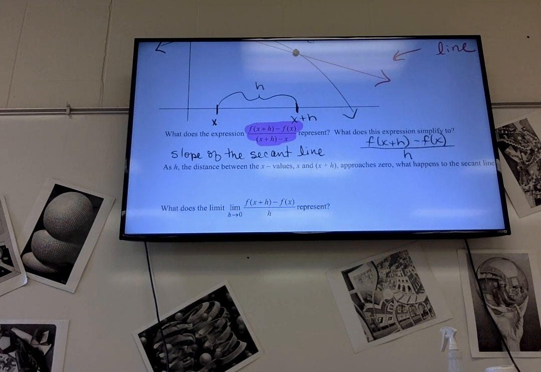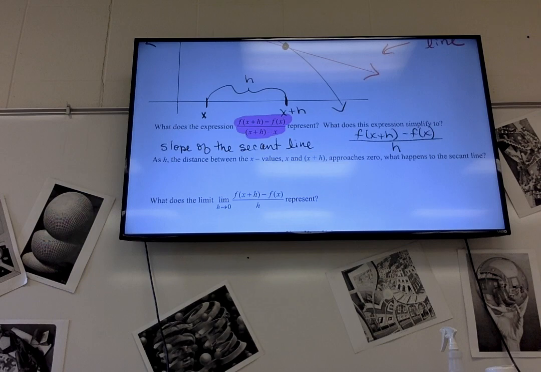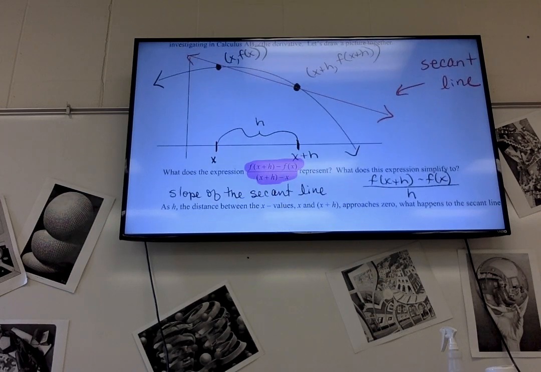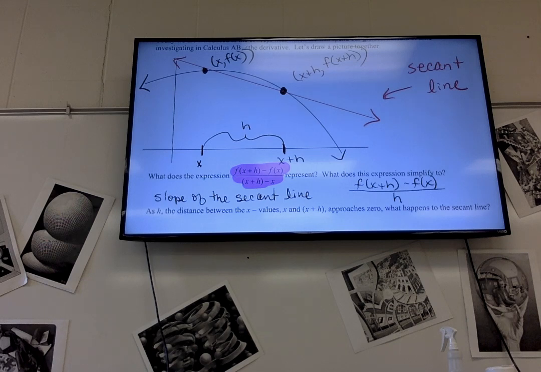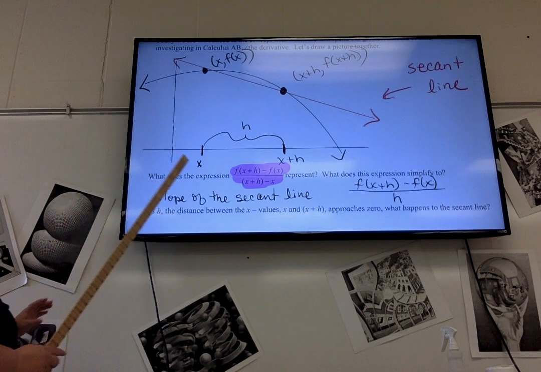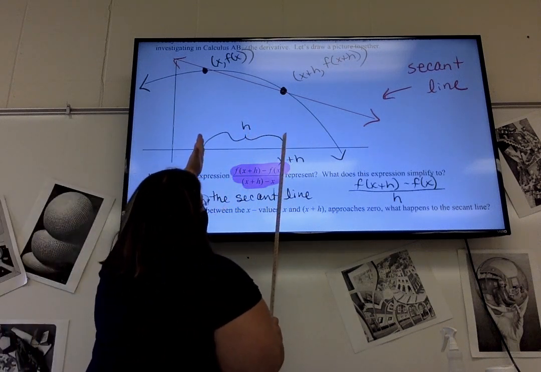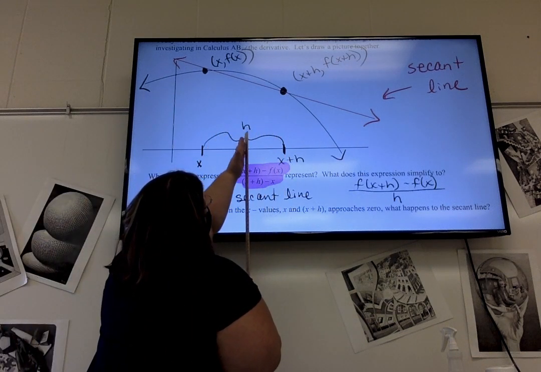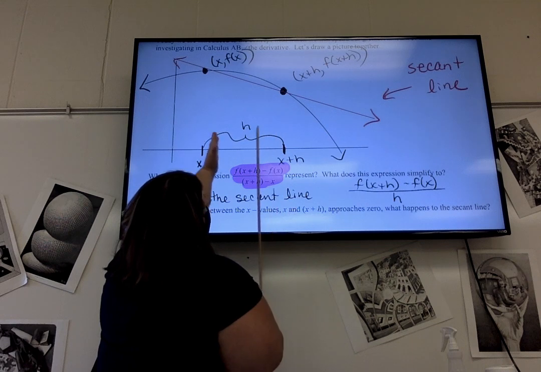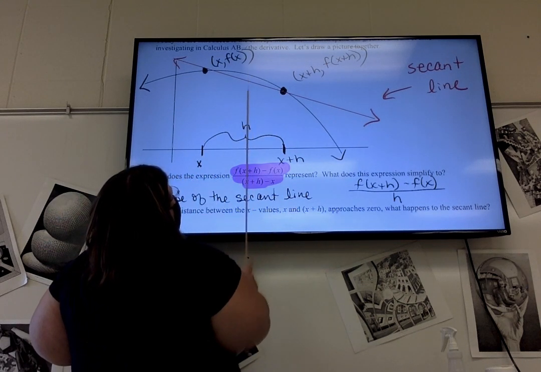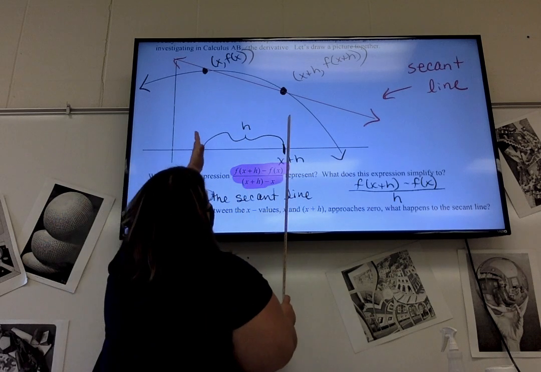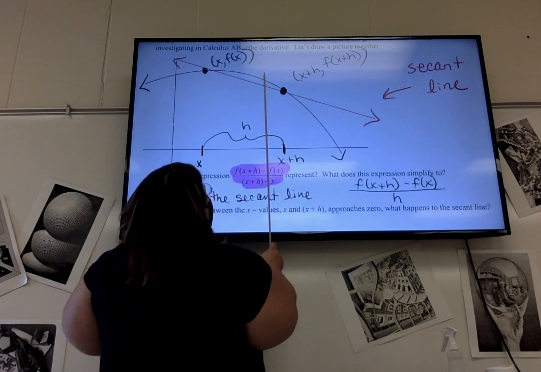As h between the x values approaches 0, what happens to the secant line? It gets smaller. A line really can't get smaller because it's got arrows. But as I squish these 2 points together, it gets less slopey.